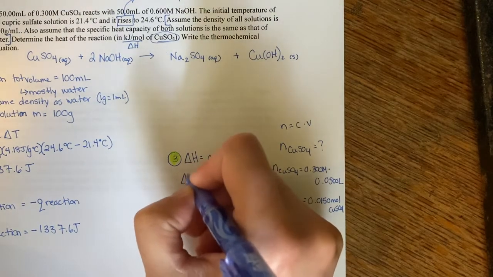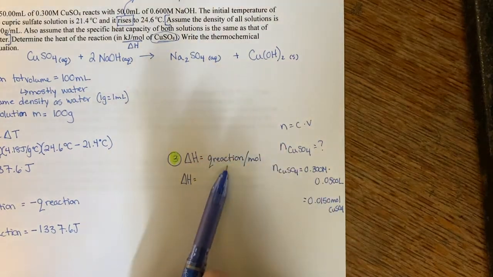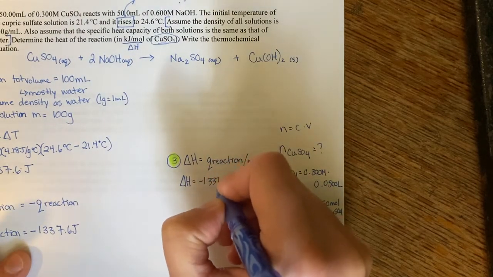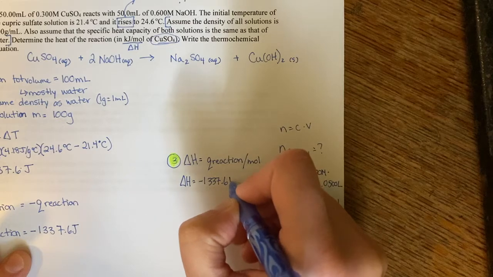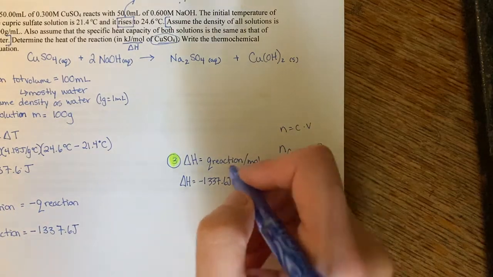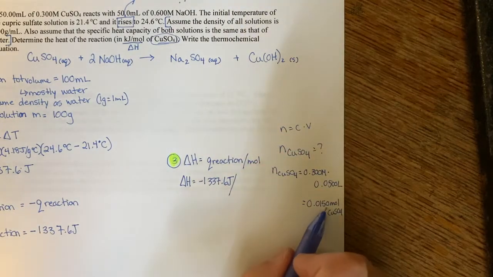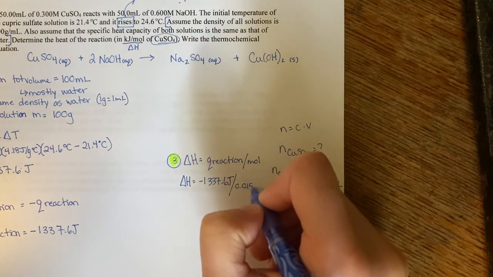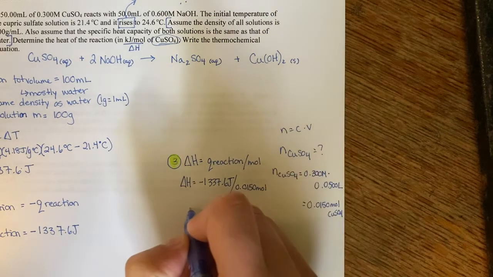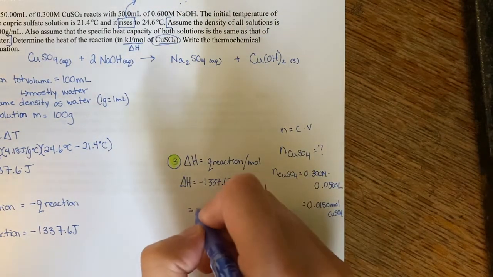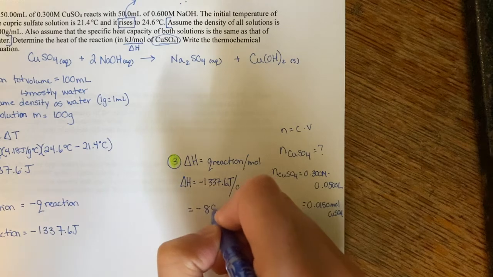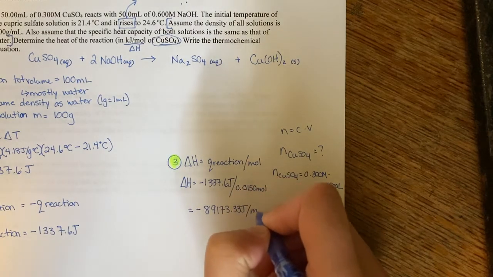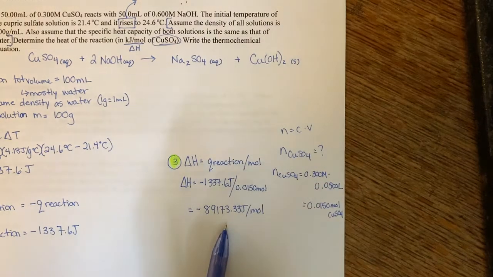So delta H is equal to Q of the reaction we found to be negative 1337.6 joules divided by, we're going to sub in the moles of copper, 0.0150 moles. And that is going to give us negative 89173.33 joules per mole for this reaction.